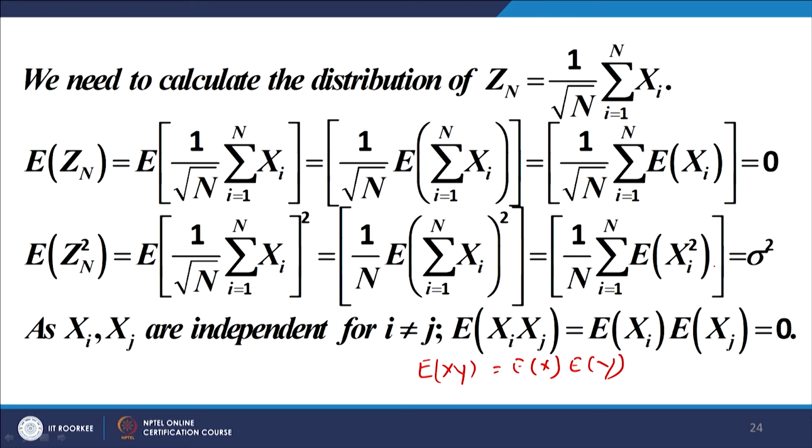Using this we find that the whole expression is equal to sigma square. But please note, E of x is 0, E of y is also 0. So the cross terms all vanish, right, and we have E of xi square is equal to sigma square.